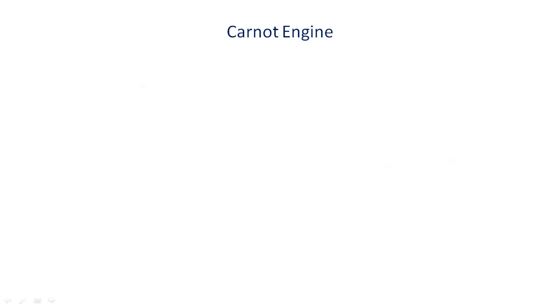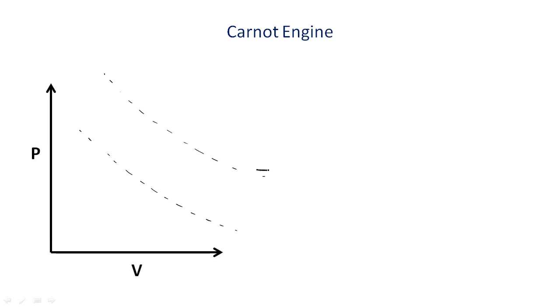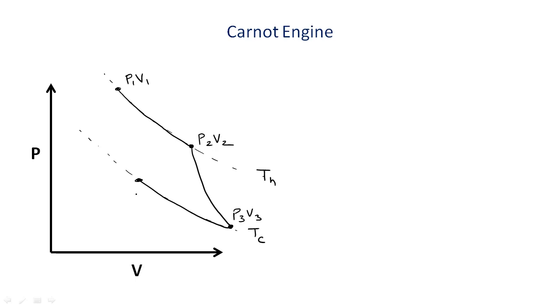Carnot designed an engine which uses an ideal gas, and its working can be represented on a PV diagram like this. The state of the gas is initially this point P1 V1, and it is in equilibrium with the hot reservoir.